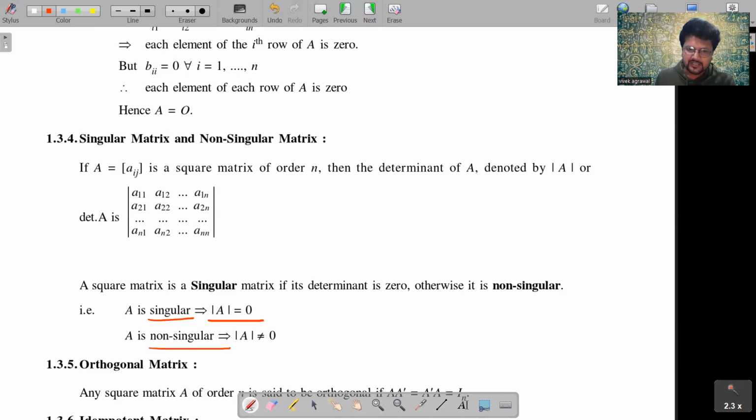Otherwise, it will be called a non-singular matrix. I believe everybody knows how to calculate the determinant of any matrix. So if the determinant comes as 0, it will be a singular matrix. Otherwise, a non-singular matrix.